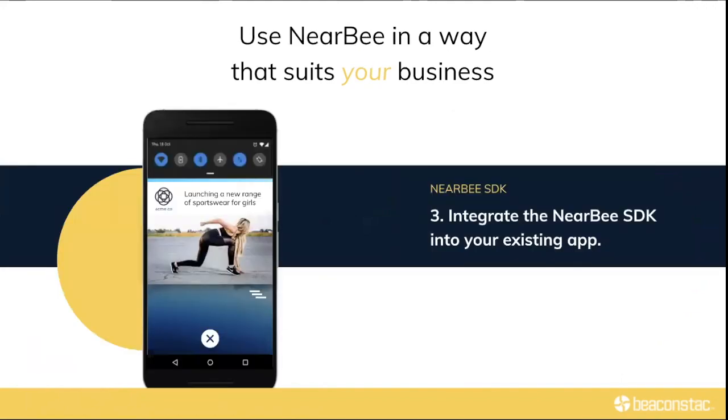The third option, and this is a really powerful option, is that you can actually take the NearBee SDK, which we're making available, and integrate it into an existing app. And this we think is really powerful, right?